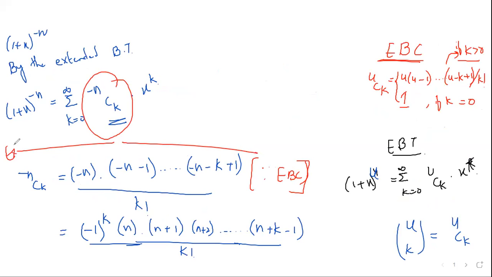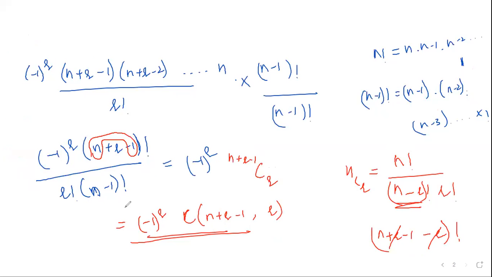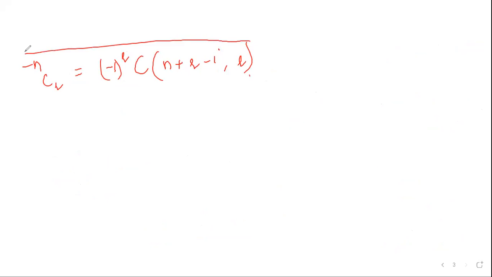This is an extra proof, or otherwise you can directly remember it. So you can say that minus nCr is given as minus 1 power r into C of n plus r minus 1 comma r. This is the formula which can be remembered. You don't need the proof.